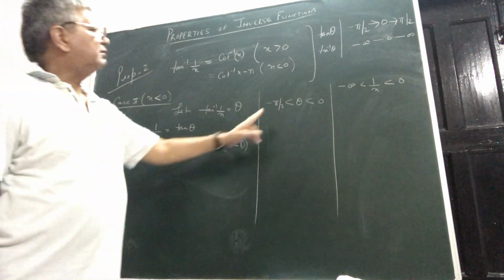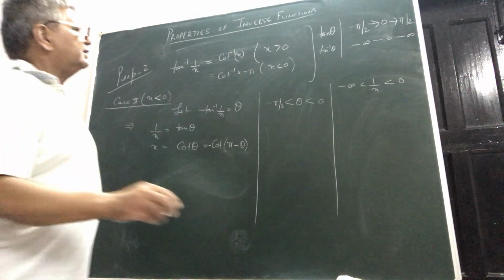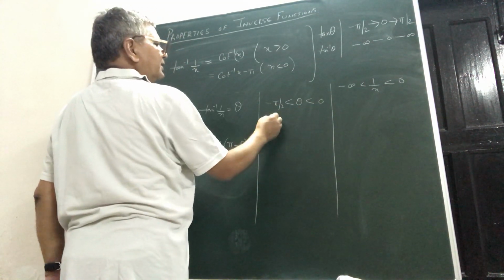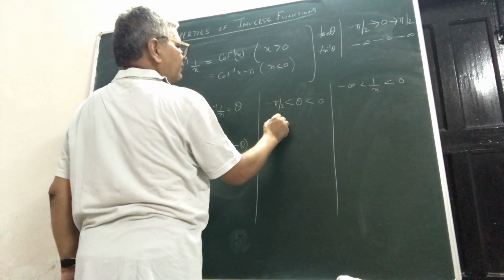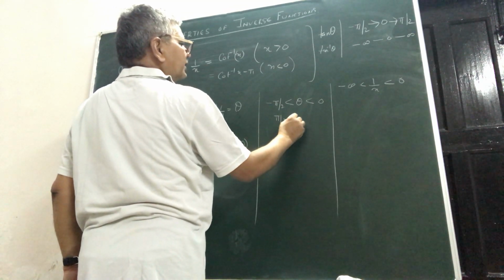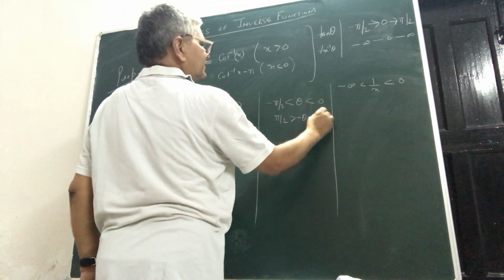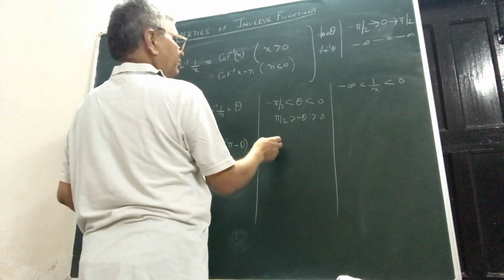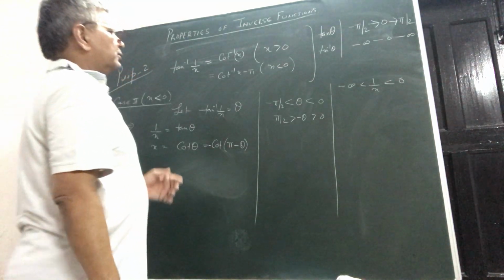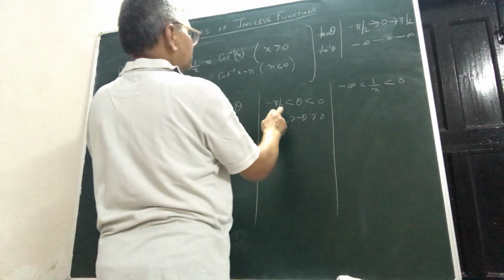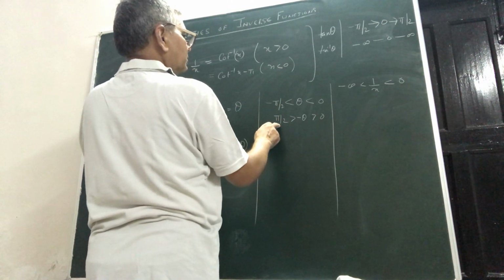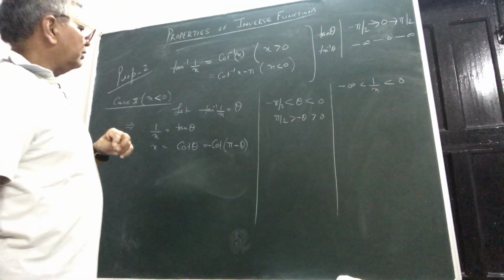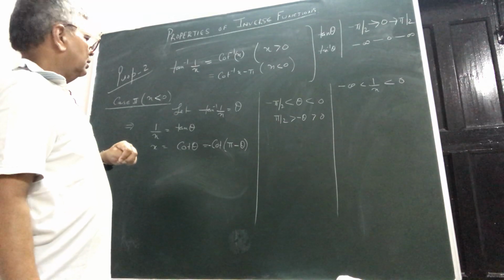Pi minus theta will go where? Let us see. Minus theta will go where? Multiply this by minus, so it will become plus pi by 2 greater than minus theta greater than 0. And then you add pi by 2 minus theta, this is pi by 2. Fine.